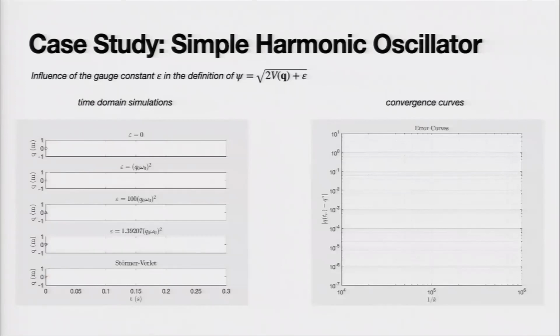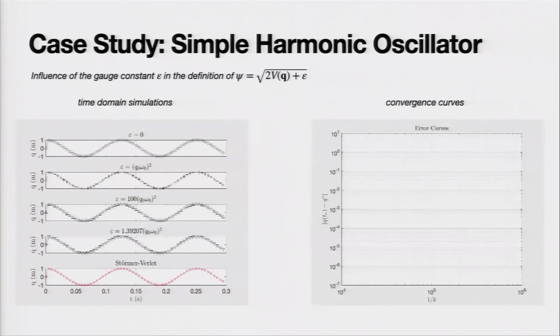So Sturmer-Verlet is sort of like our reference here, and then we're checking the results of the simulations against Sturmer-Verlet. So this is the time domain simulation. As you can see, you have oscillations and everything looks the same. But okay, it's really cool to look at these, but you would not be able to infer a lot of properties just by looking at stuff oscillating on your screen.